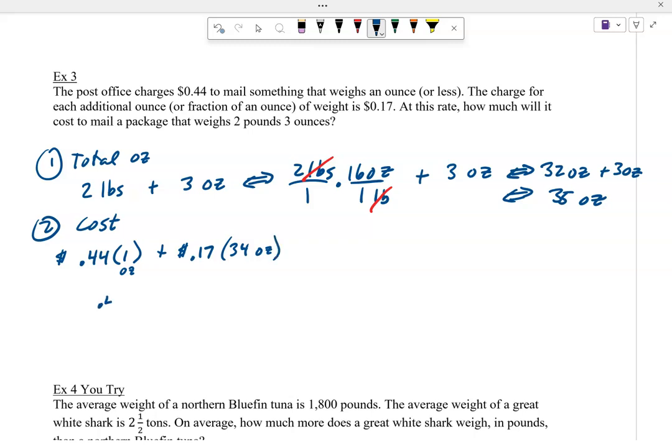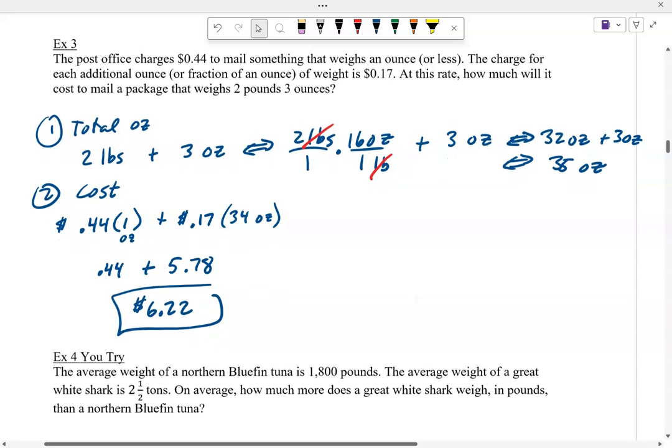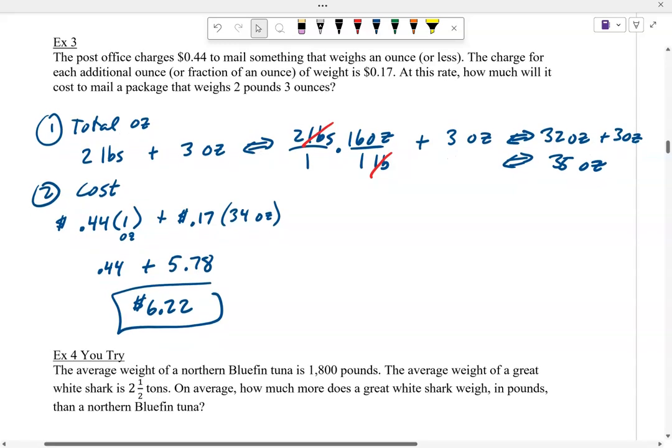And so it looks like I got 44 cents. I go ahead and punch in 0.17 times 34. That gives us $5.78. So it looks like total would be $6.22 to mail that package. And then go ahead and pause the video for example 4 there and go ahead and try that.